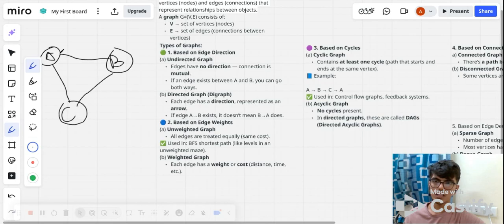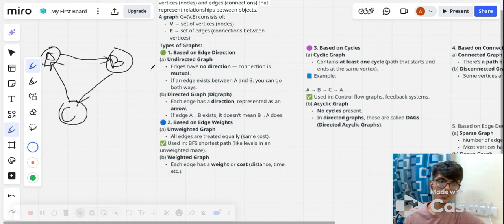So this edge between A and B will be counted as a bidirectional edge. It is not directed. That is what we mean by undirected. It is as simple as that. And if I add an arrow here, here, and here, this is a directed graph now.